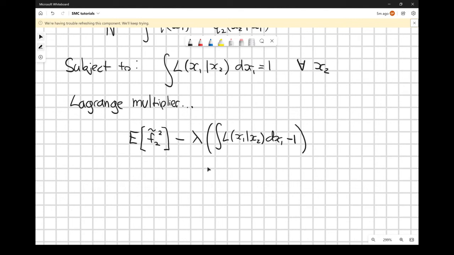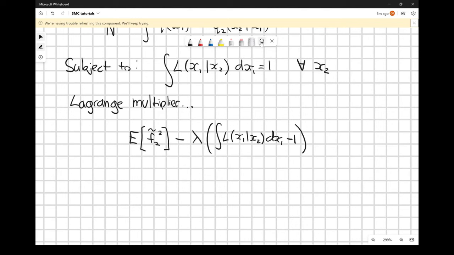Now it gets slightly more complicated in this case because, as we're thinking about a continuous situation, there's an infinite number of x2s that we can have. So that summation becomes an integral, and we have an infinite number of lambdas here as well.